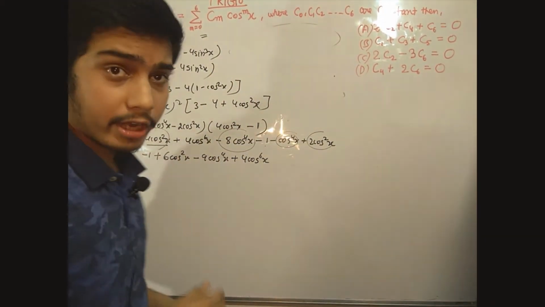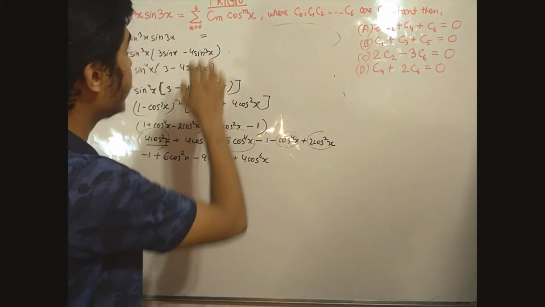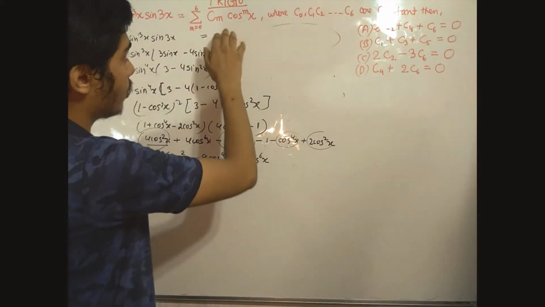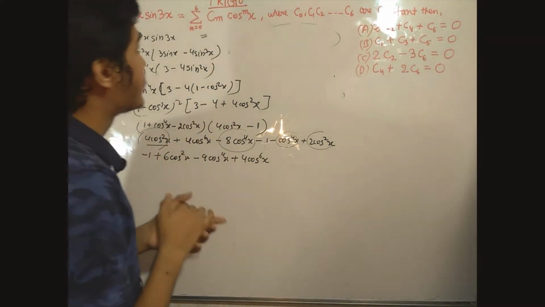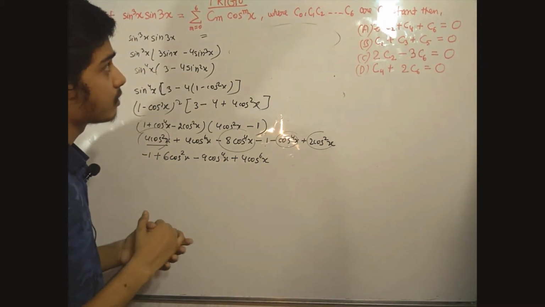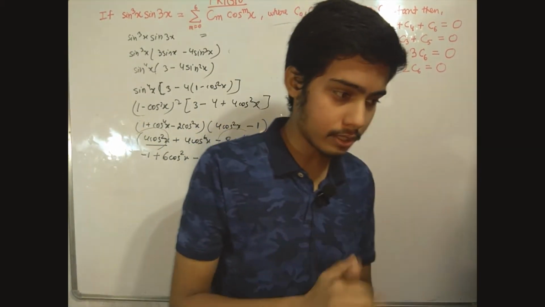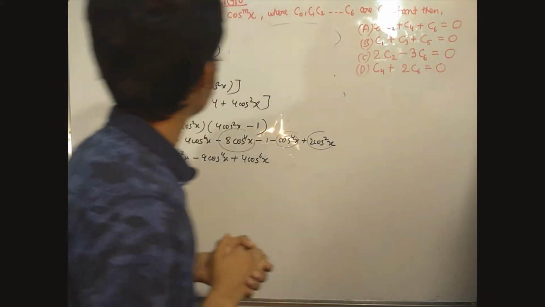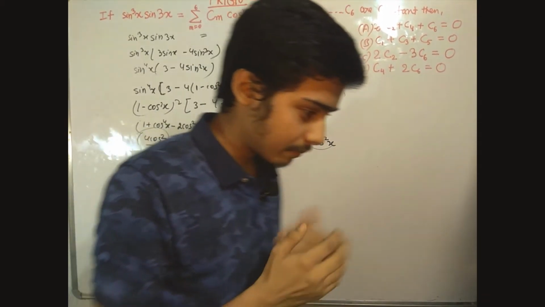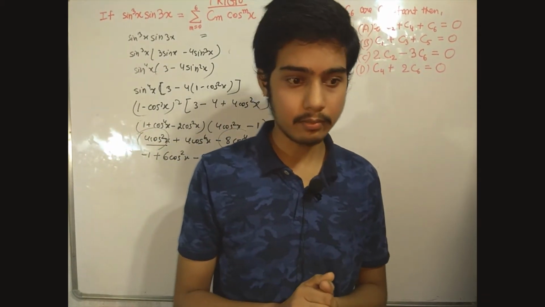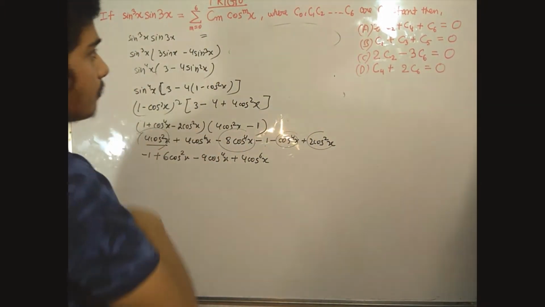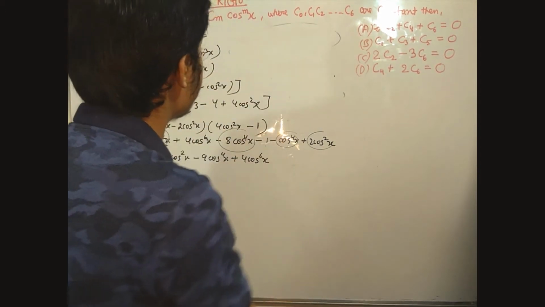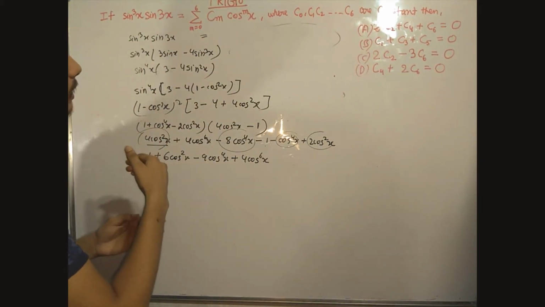Now we'll try to understand whatever is written in the RHS. What is written in the RHS? Sigma m equal to 0 to 6, c_m cos to the power mx. What does it mean? We'll try to understand what it means. So sigma, we know what is the meaning of sigma. Sigma means sum. It comes from the word sum.